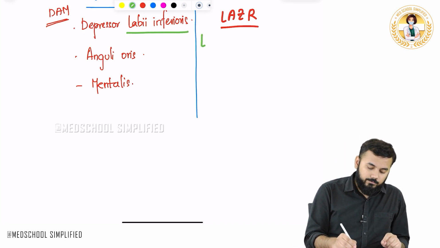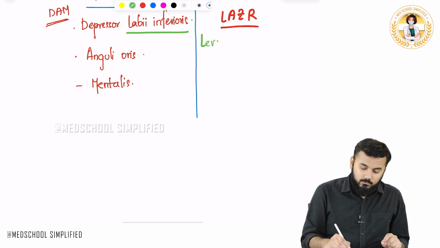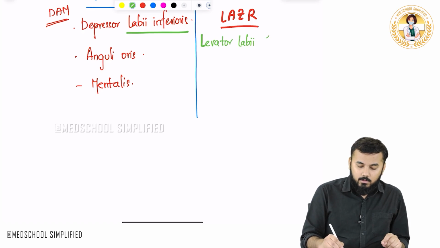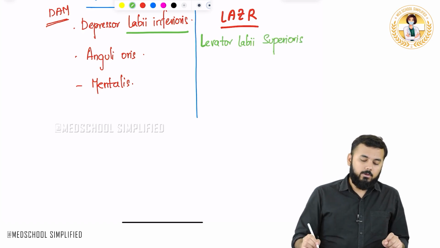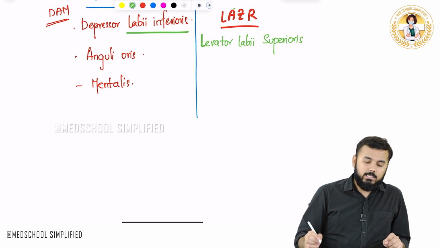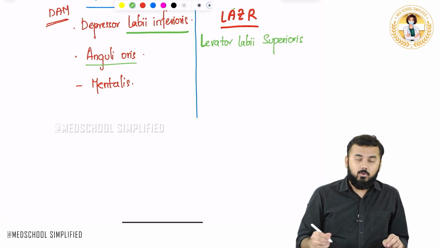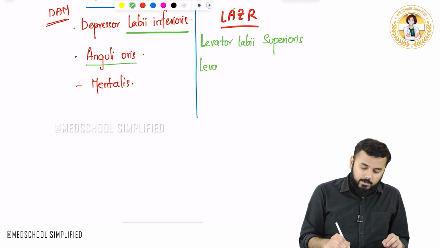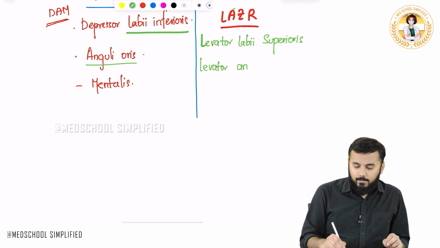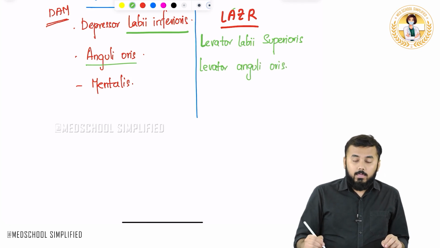So, it is levator labii superioris, okay. Next, what does A stand for? Levator anguli oris. Previously it was just anguli oris, now it is levator anguli oris, okay.